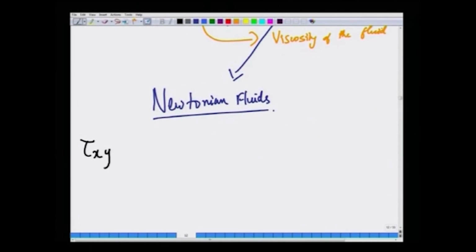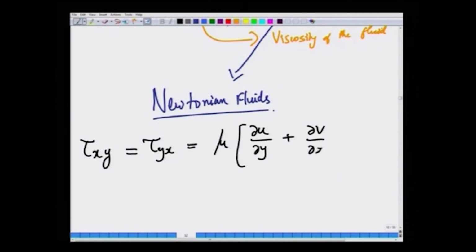Now, remember that the stress tensor is a symmetric tensor. So, tau yx is tau xy is mu times partial u partial y plus partial v partial x, and this is only for an incompressible Newtonian fluid. If you have a compressible Newtonian fluid, you will have some additional contributions.